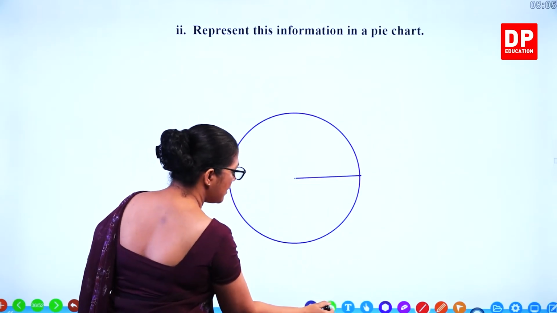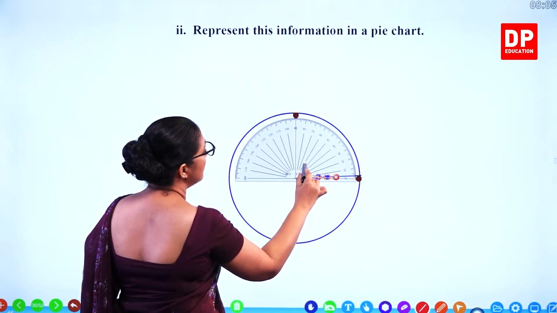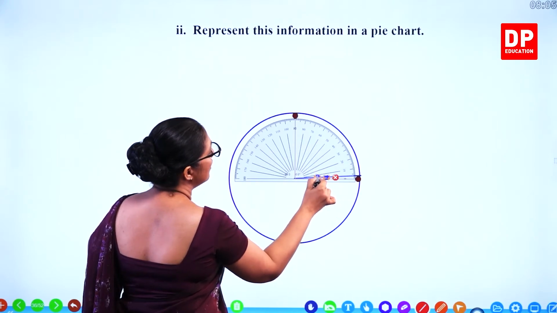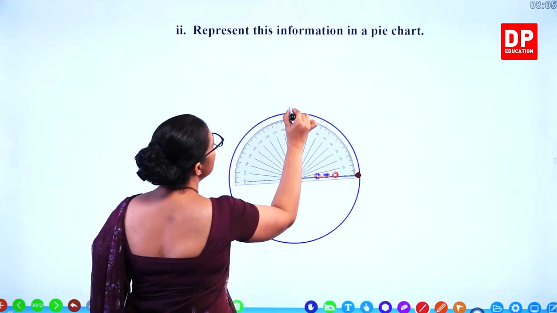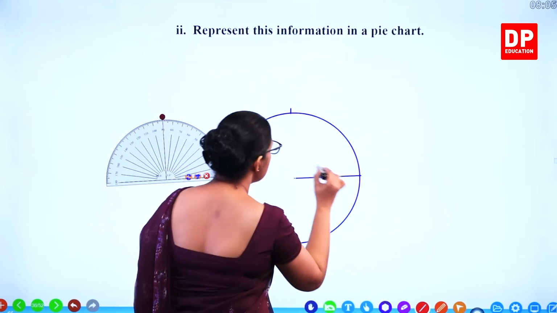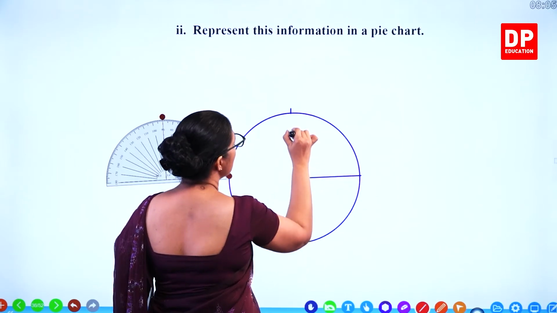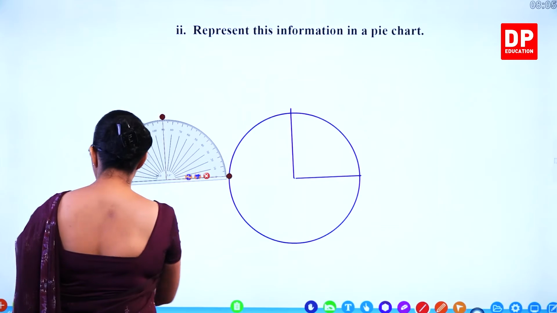So you can keep the protractor and you can measure 90 degrees. So this is here to here, 90 degrees. And then we found out 60 degrees.